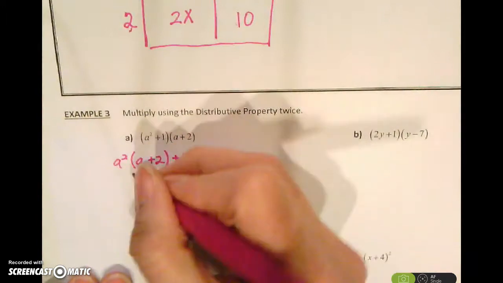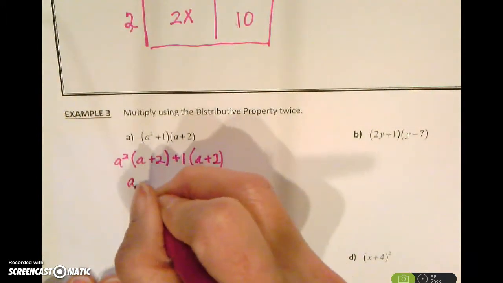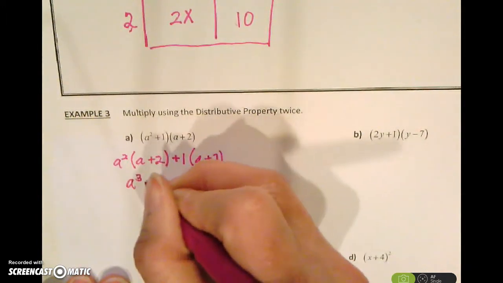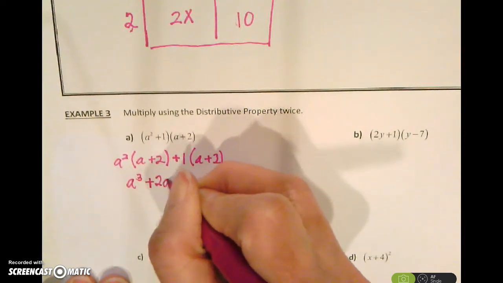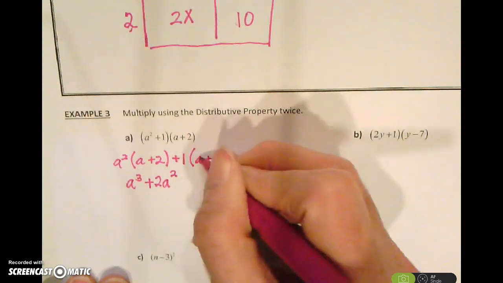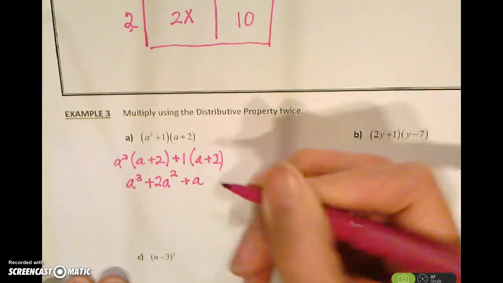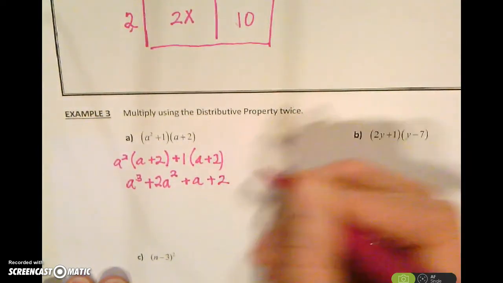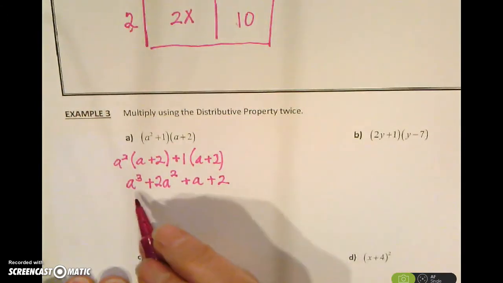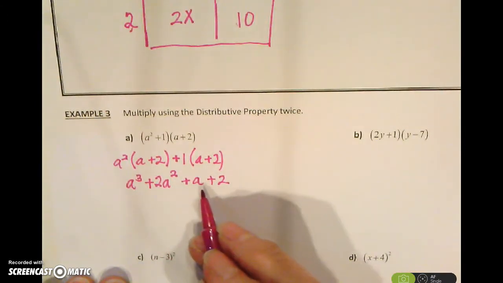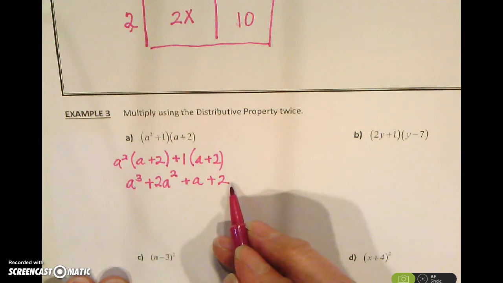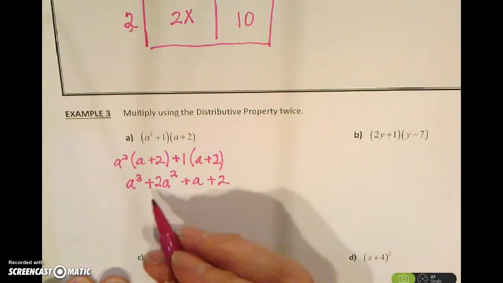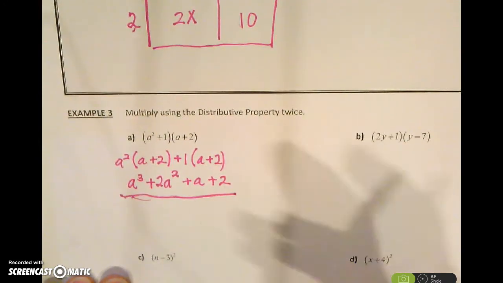So a squared times a is a to the third. A squared times 2, that's a positive 2a to the second. Then a positive 1 times a, so a positive a. And then 1 times 2, that's a positive 2. We'll look to see if there's any like terms, and there are not. So that's going to be our final answer right here.